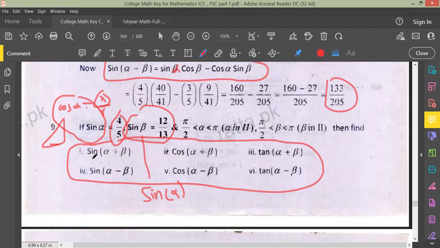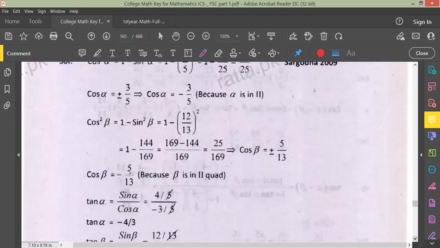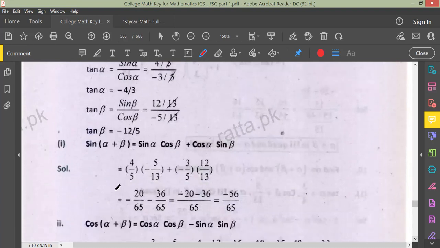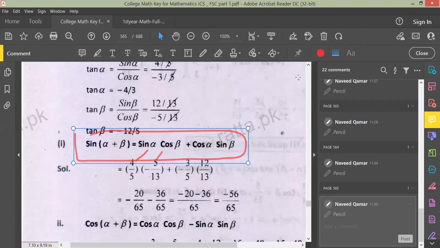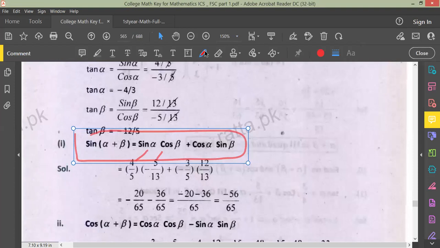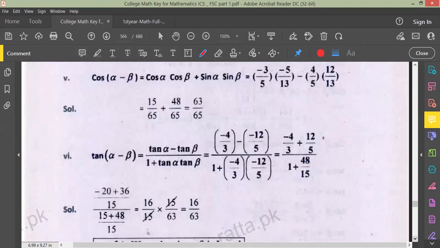So we will simply apply the formula of sine of alpha plus beta. After putting these values, our final answer will be equal to minus 56 over 65. Similarly, you can do the other parts of this question.